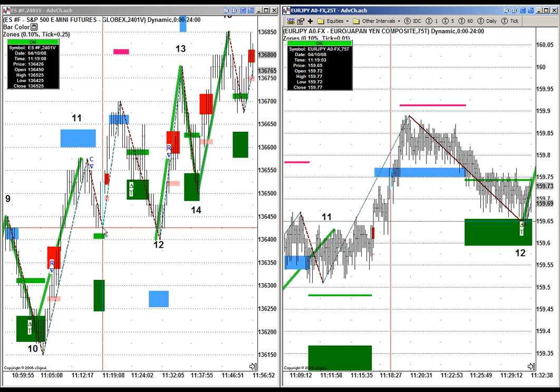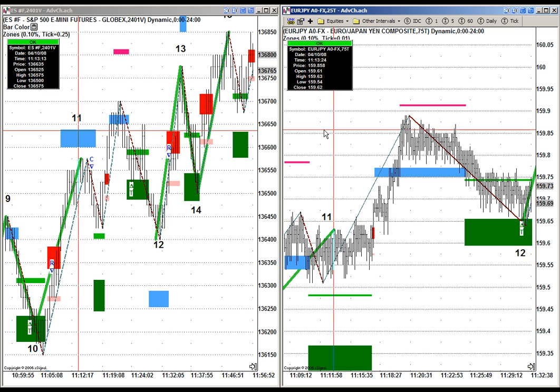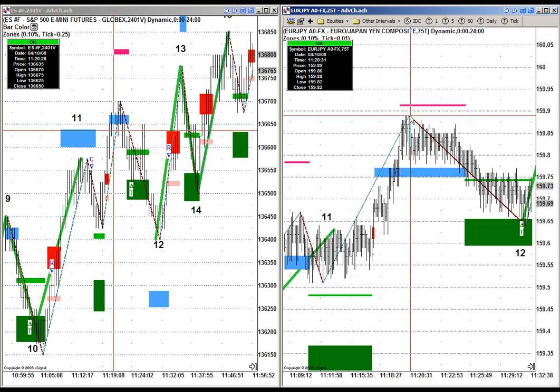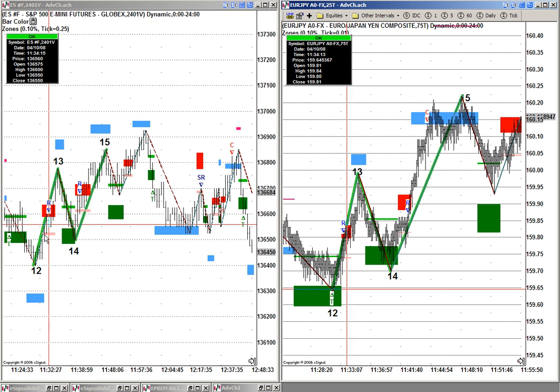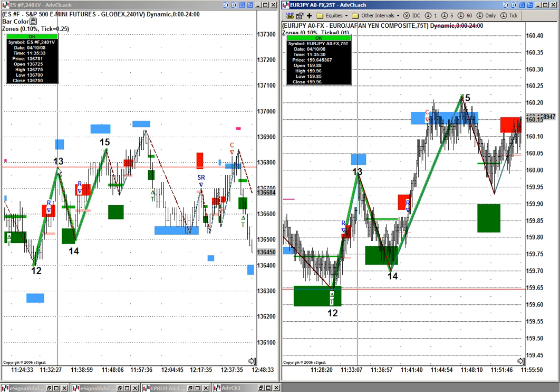This is telling you that the market is most likely going to be going higher, as it is leading the ES. The ES finally finds resistance as the yen finds resistance at strong resistance. At point 12, as the yen finds support, we have another successful long trade to point 13.